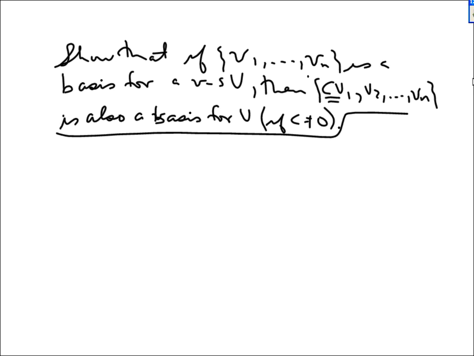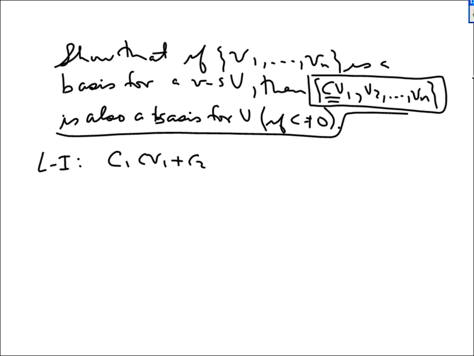So I have to show that this set spans V and is linearly independent. Let's do linearly independent. Assume C1 times the first vector, which is CV1, plus C2 times the second vector, which is V2, all the way down to Cn times the last vector, equals 0.